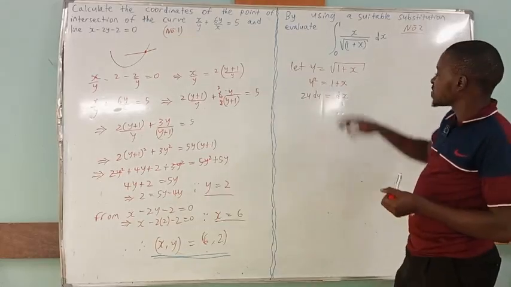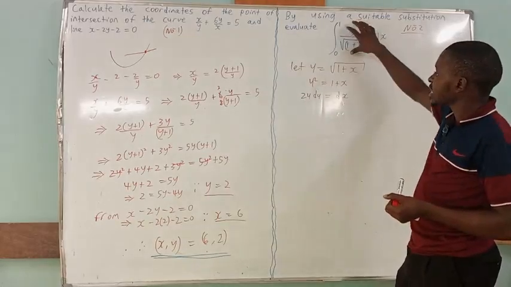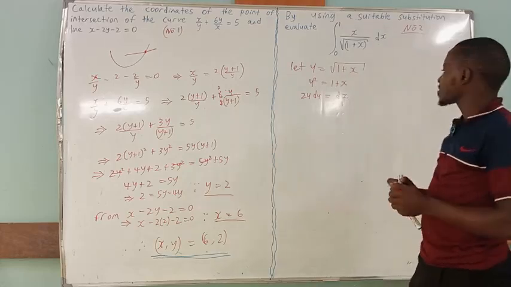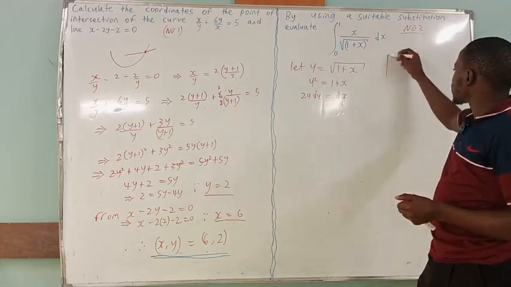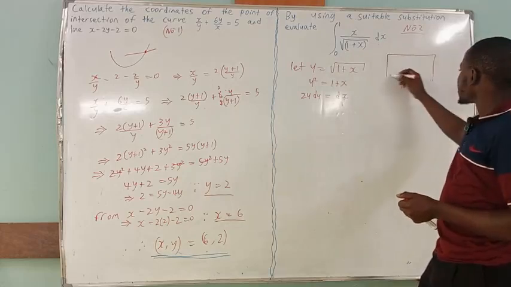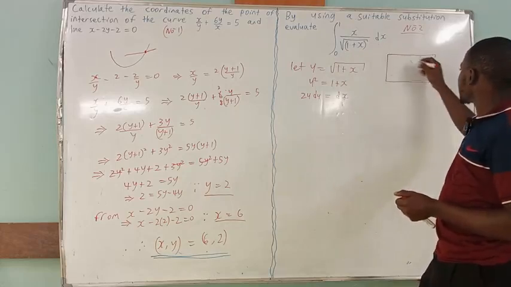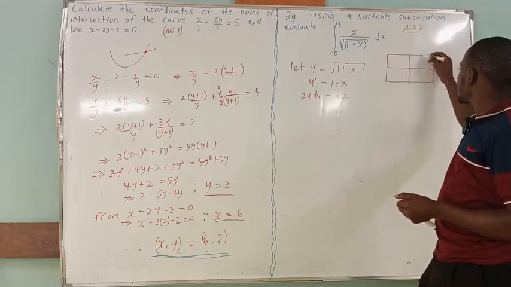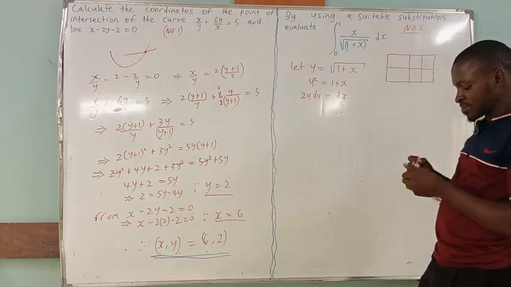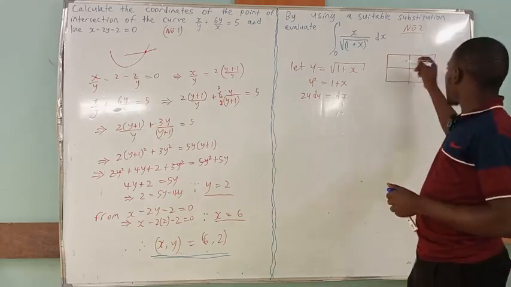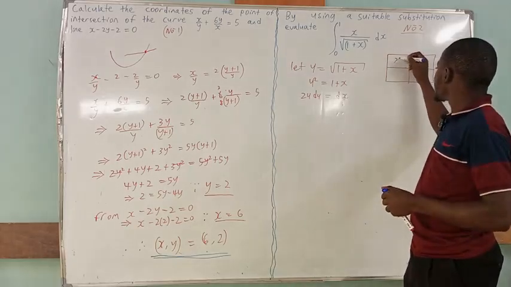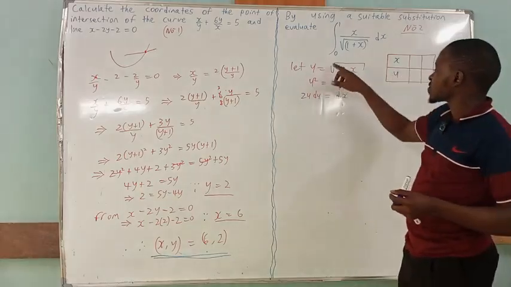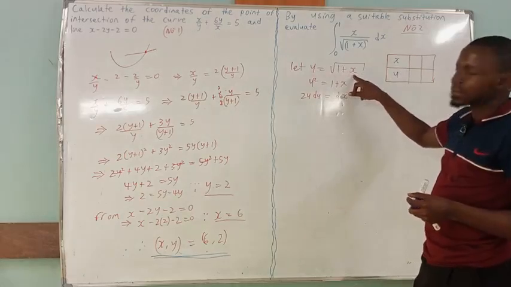Now we substitute back these values here, but before we need to change the variables. We draw some small box here. This is the x, this is the u. Remember, u is the same as root of 1 plus x.